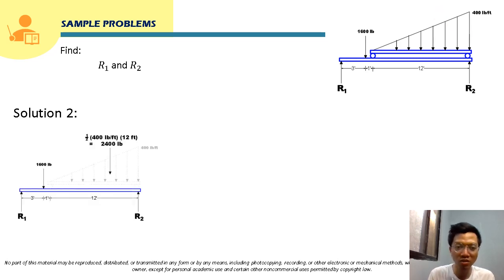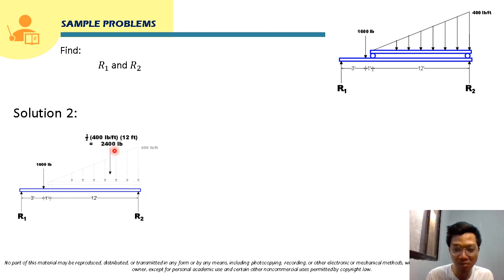So this will be the resolved concentrated load of this triangular load. And we can actually apply the principle of transmissibility here. That this force applied here can be applied directly in this lower beam.